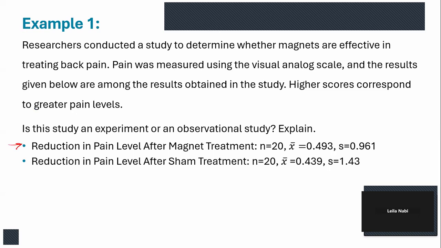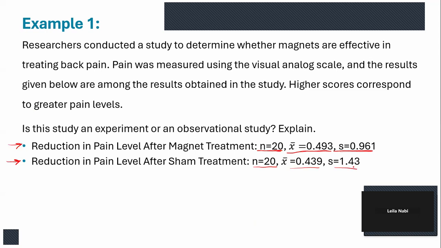It says the reduction in pain level after the magnet treatment, when we have 20 individuals, the mean is this number and the standard deviation is this number. And as a result, for reduction in pain level after the sham treatment, on 20 individuals, the mean and the standard deviation.